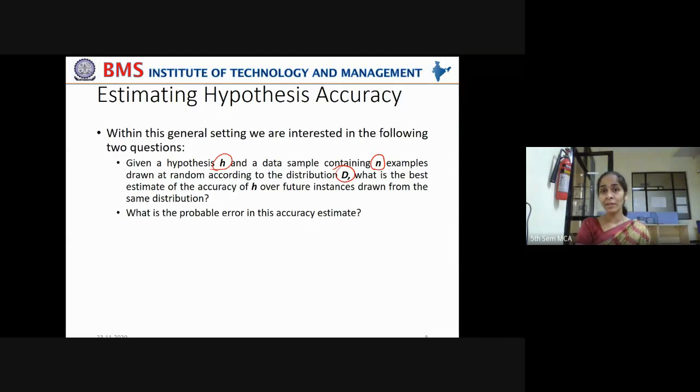You are drawing the training examples independently according to a distribution. It means that among the people who performed skiing last year, only from them you are drawing the sample points, right? That is what we mean by drawn at random according to the distribution D. You are not taking any outlier point like people who always sit at home.